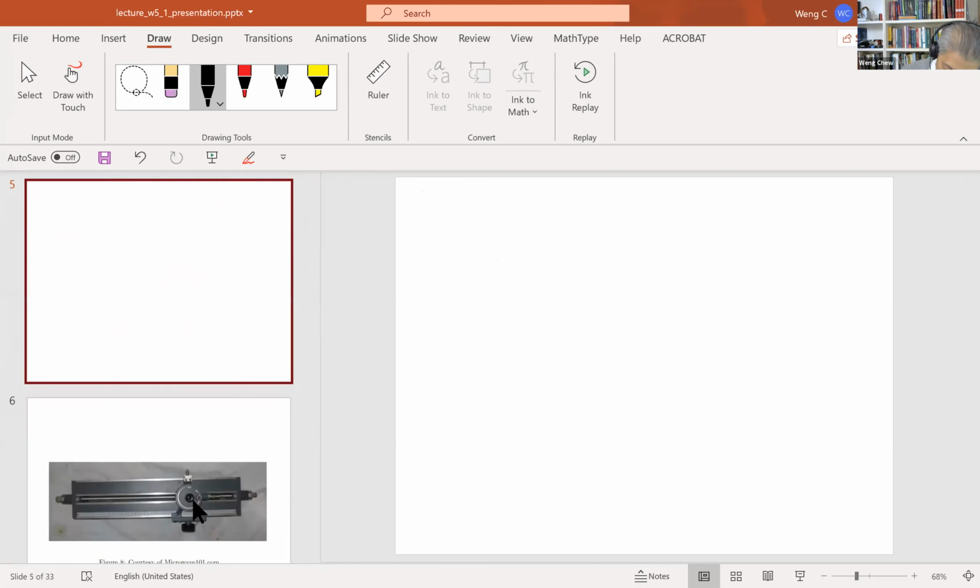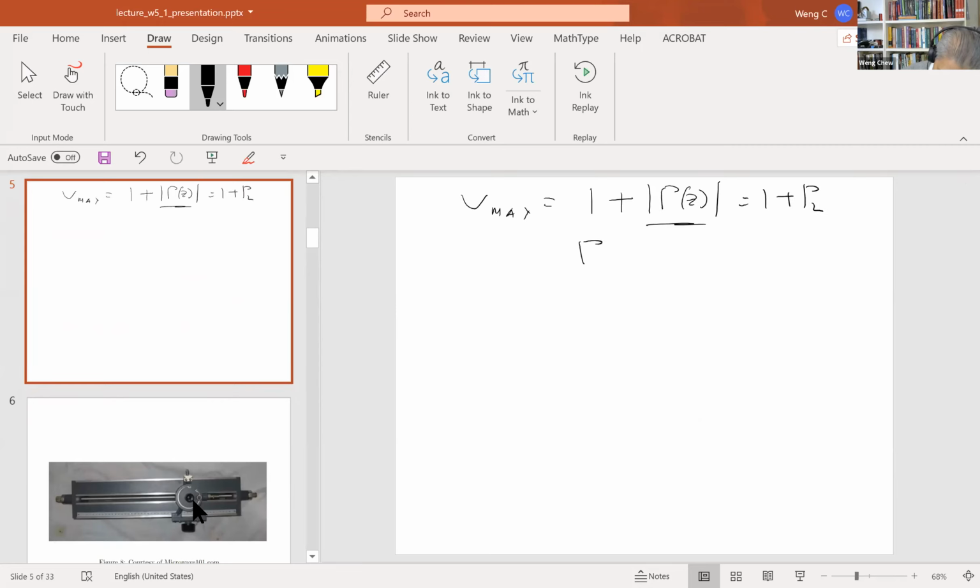And you can say that Vmax is V naught times 1 plus gamma Z, when this is positive, and this is the same as 1 plus gamma L, because gamma Z, as you know, is gamma L e to the 2j beta z.